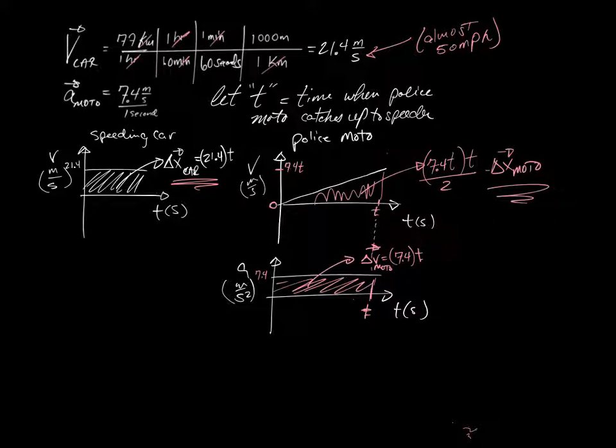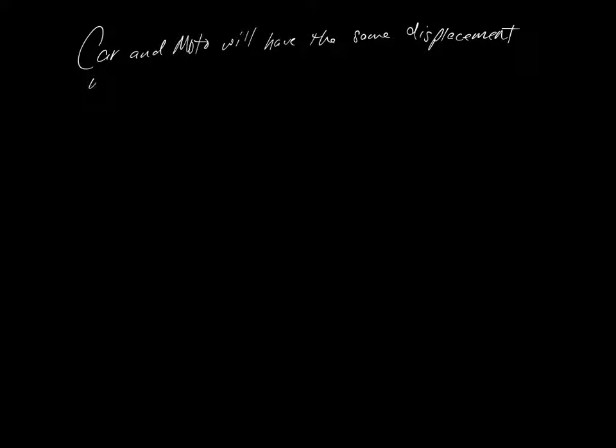Okay, so now let's set the displacements equal to one another on another page. All right. So I have this basic idea: car and moto, that's the police motorcycle, will have the same displacement when the moto catches up to the car.